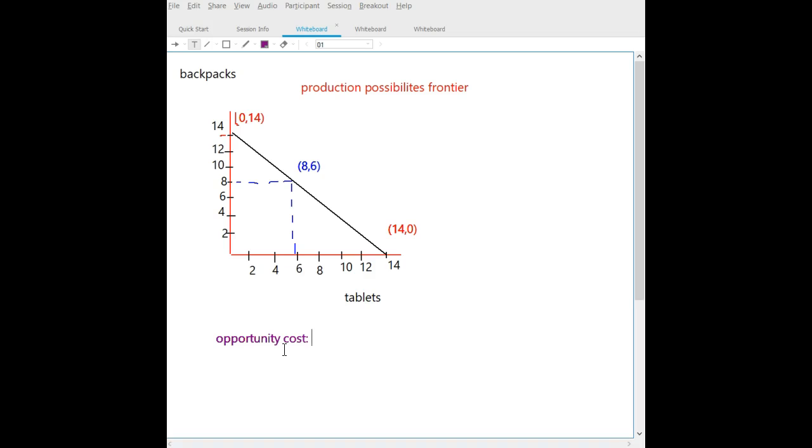When we talk about the opportunity cost, we're talking about the cost paid for one product, in terms of the output or the consumption, of another product that must be foregone. Basically, what you're giving up.